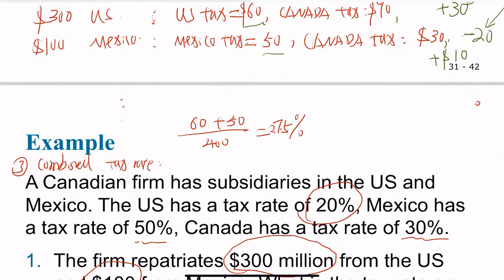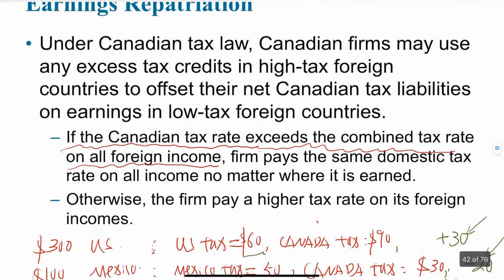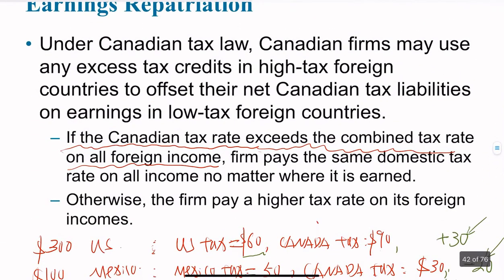You can see that this is smaller than the Canadian tax rate of 30%. So in the end, the firm has to pay 30%. Basically, through this example, we can actually prove the result made here.